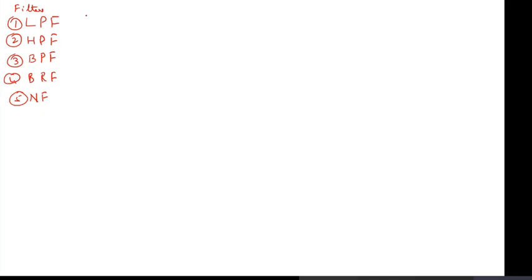So if you look into the frequency response of an ideal low pass filter, it would be something like this. Here the frequency axis will vary from 0 to pi. This is for the high pass filter. This is Fc.